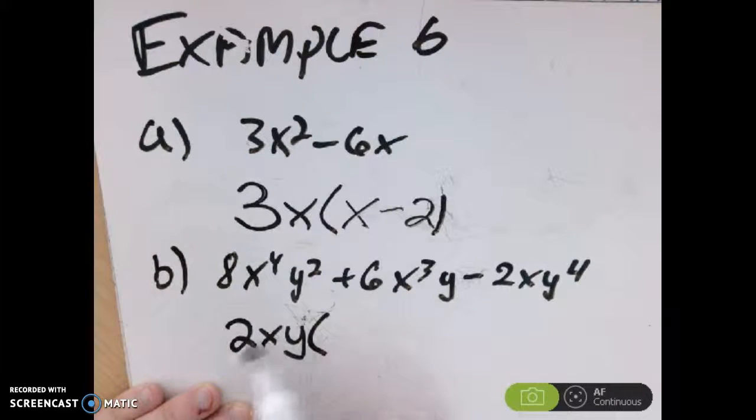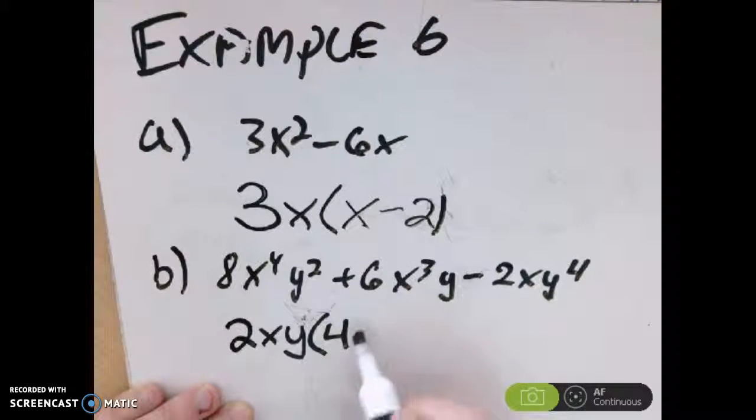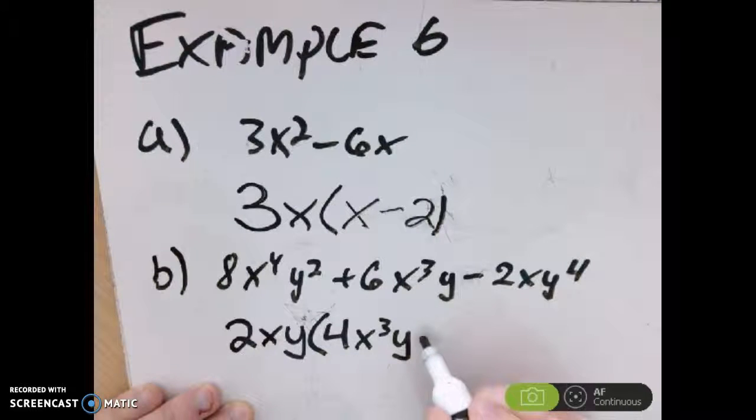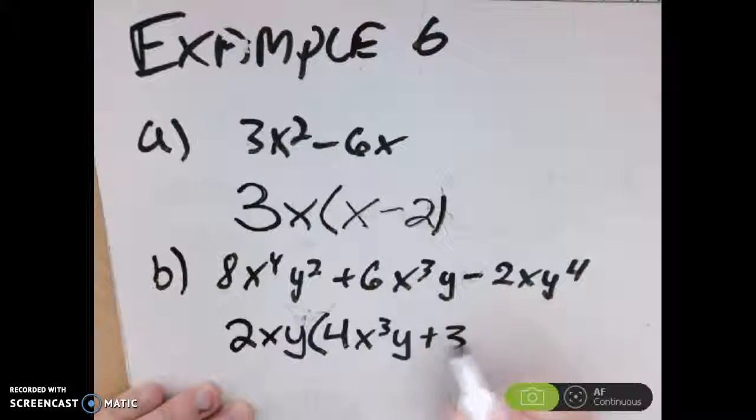So how many times does 2 go into 8? 4 times. How many x's are left over if I take 1 out? 3 x's are left over. And y squared divided by y, you just subtract the exponents, so it's just y. Plus, if I take a 2 out of 6, a 3 is left.